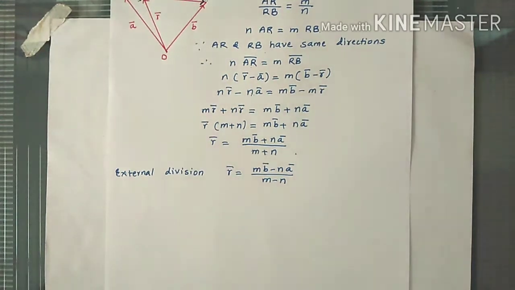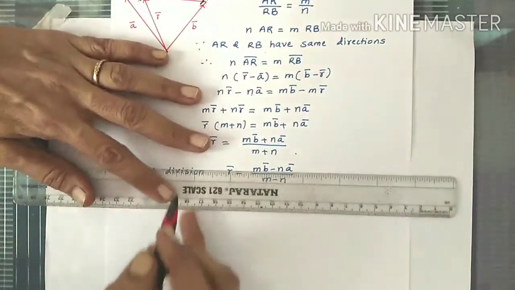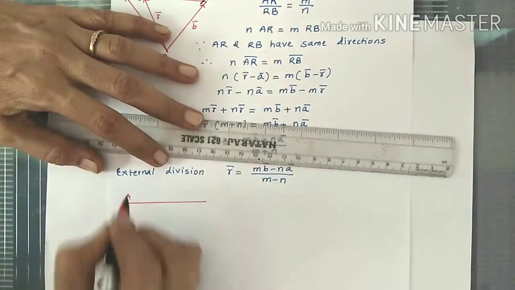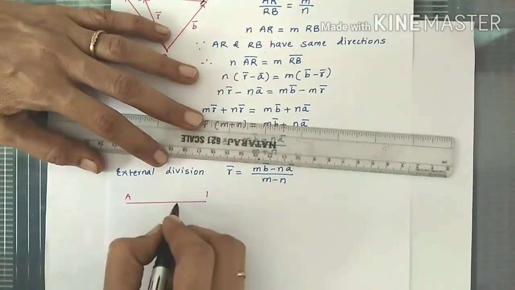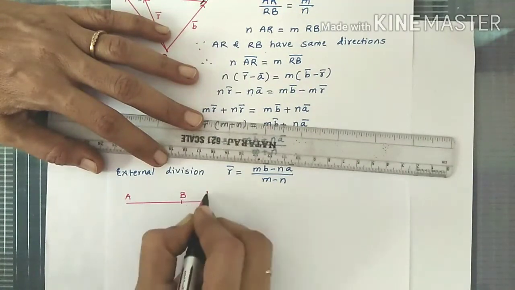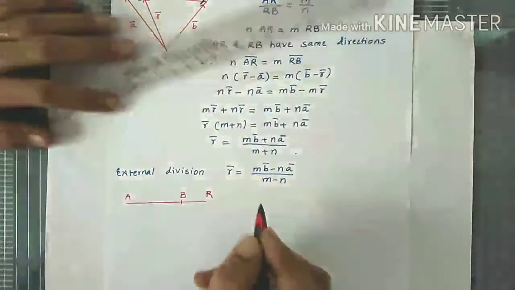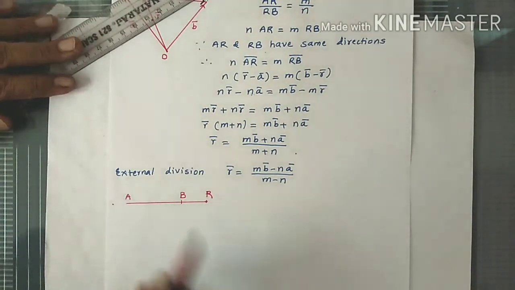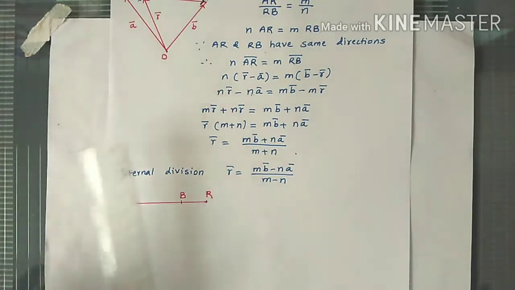So for external division, first let's draw the diagram. So for the diagram, first of all we have to draw AB. So let this be point A and let this be point B, and as R divides externally, let this point be R. You can draw R here also. So any diagram will do.